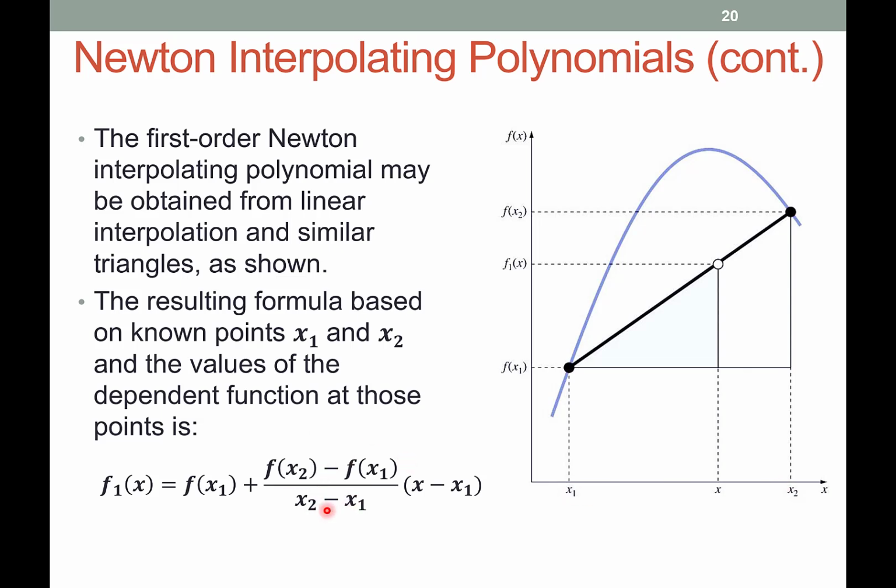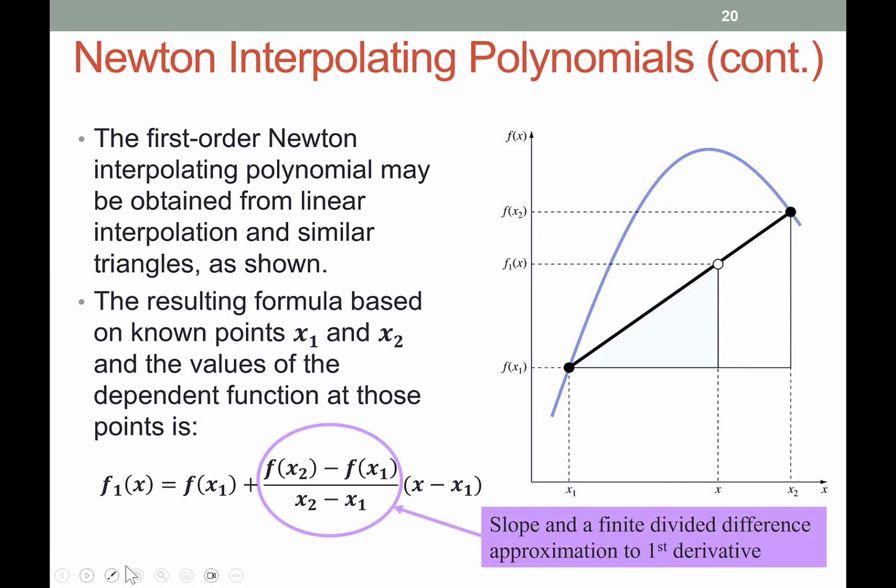That's the slope of this linear line times the step size, where we're moving away from x1, and the step size would be x minus x1. This is the slope and the finite divided difference that we saw previously in the first topic.